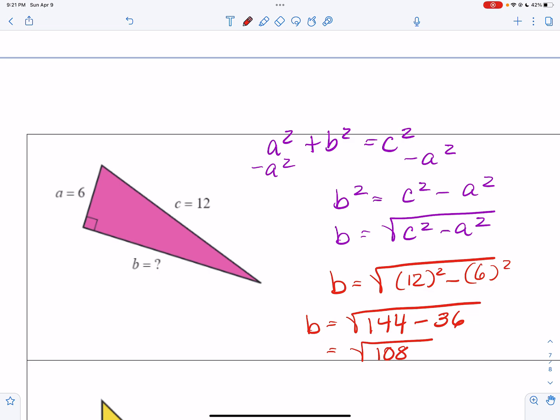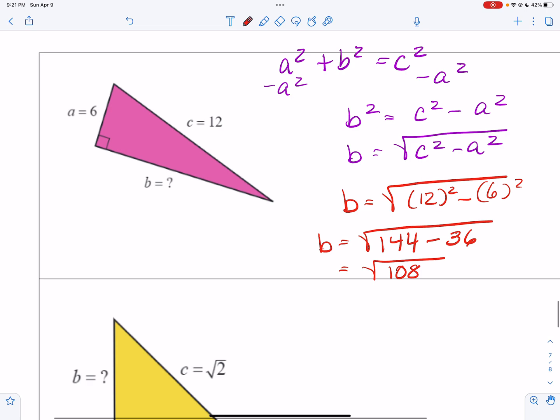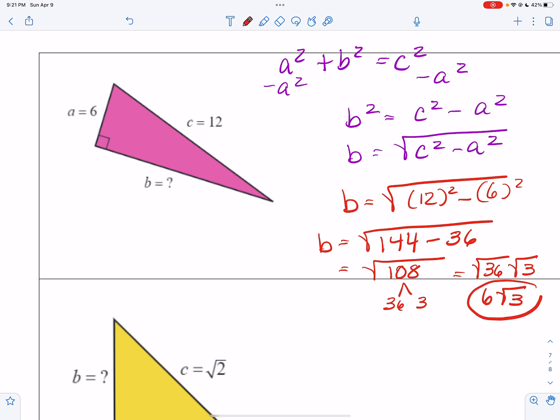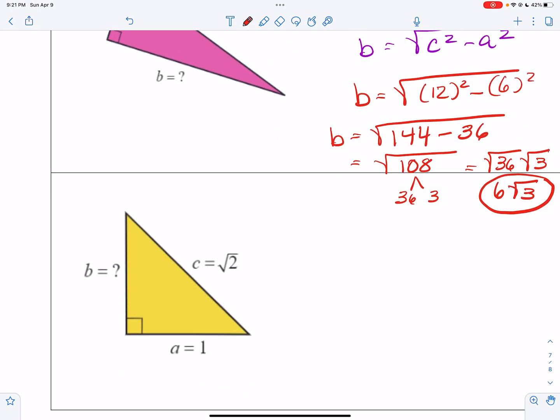Yep. So 108 is 36 times 3. And the square root of 36 times the square root of 3, so that would be 6 radical 3. That is your distance for b.